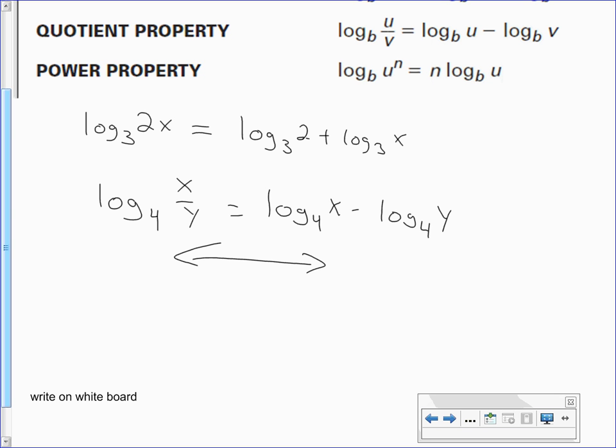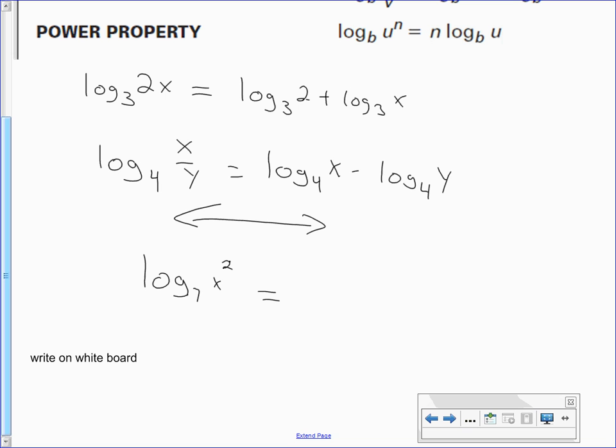So if it is log base 7 of x squared, you've got that exponent. The exponent is 2. So when you rewrite that, it means the same thing as 2 times the log base 7 of x. That's basically what that says. Okay?